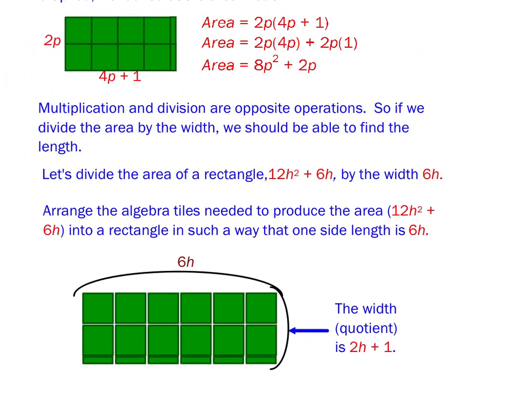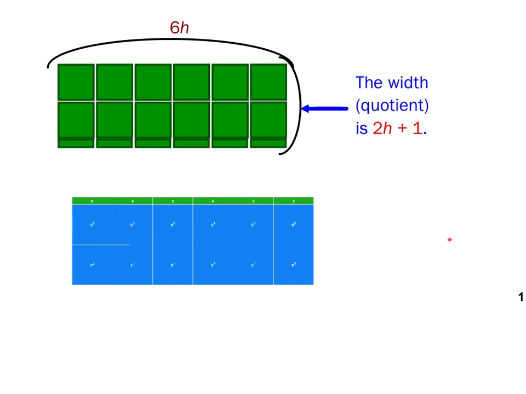Just so you understand what I'm trying to get at here, let me do a visual somewhere else. Why this works is that every one of these is x, so the whole thing is 6x, except in this question it's not x, it's h. So that is 6h. What we're really interested in is, what is the width?